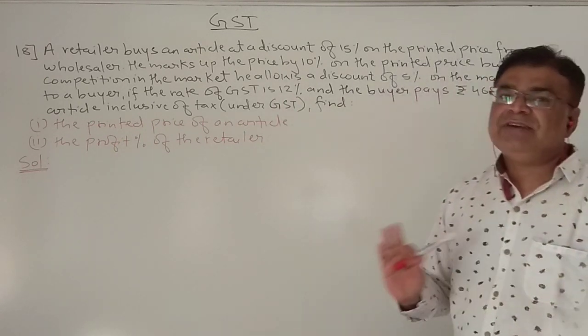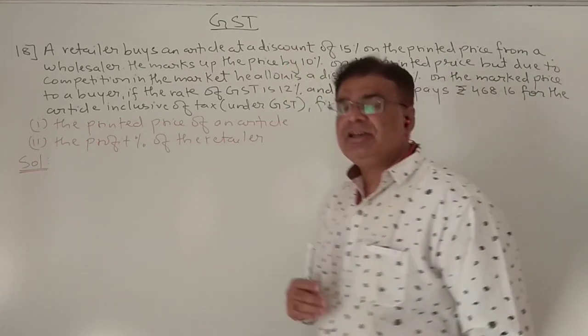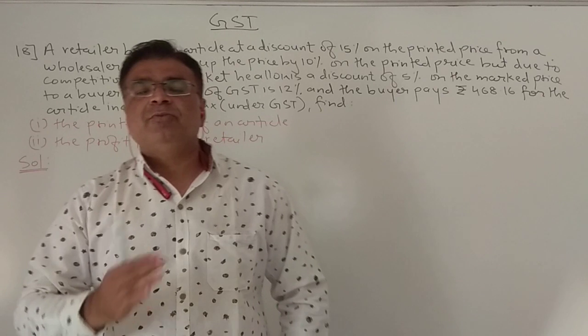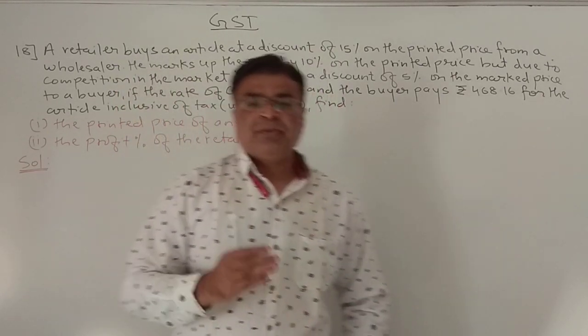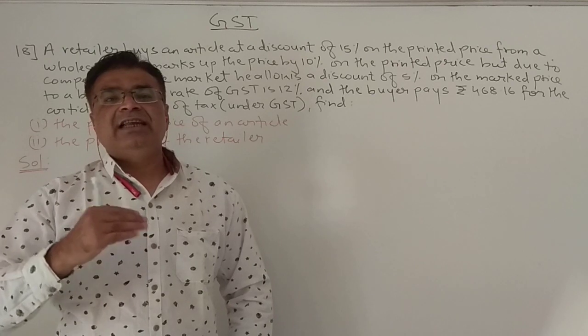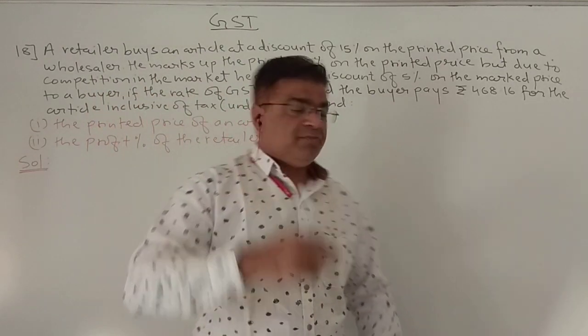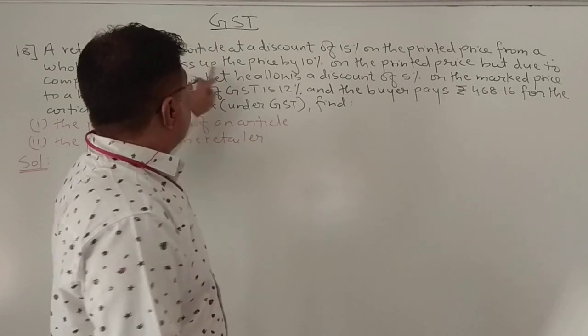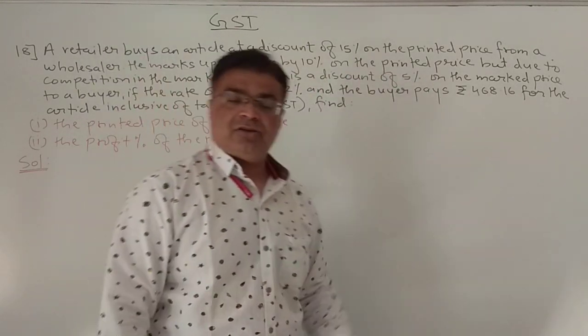So students, the sum is very much clear over here. It says that a retailer buys an article from a wholesaler at 15% discount. After that, the retailer is selling to a consumer. The retailer marks up whatever price he has purchased at by 10%.